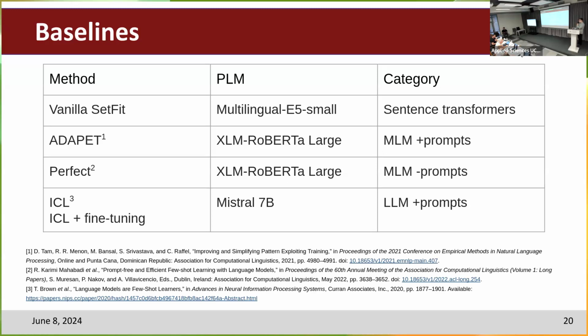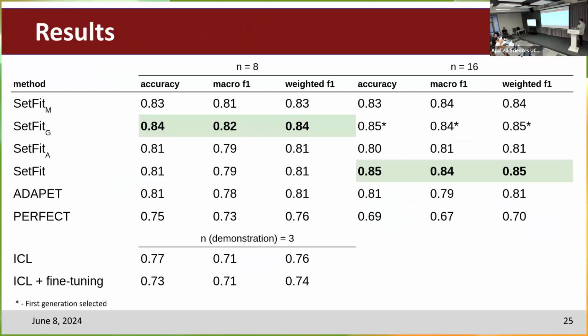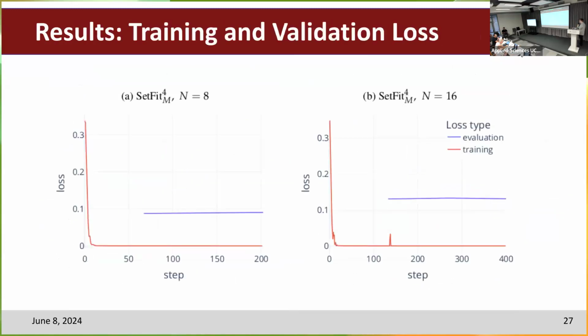I'm also curious about slide 27. This seems very odd to me, but did you observe the same trend for other trainings, or why did you decide to show us these curves?